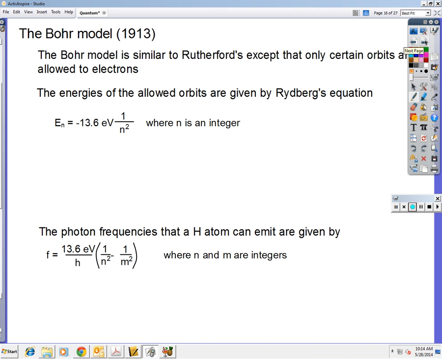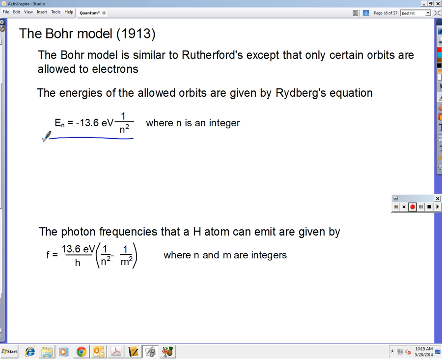And now we come to something called the Bohr Model. This is a modification to Rutherford's, except Bohr kind of arbitrarily said that only certain orbits are allowed. He didn't explain why those orbits would be allowed, but he said only certain orbits are allowed. And the energies of those orbits are given by what's called the Rydberg equation. The energy of the nth energy level is negative 13.6 electron volts times 1 over n squared, where n is an integer.